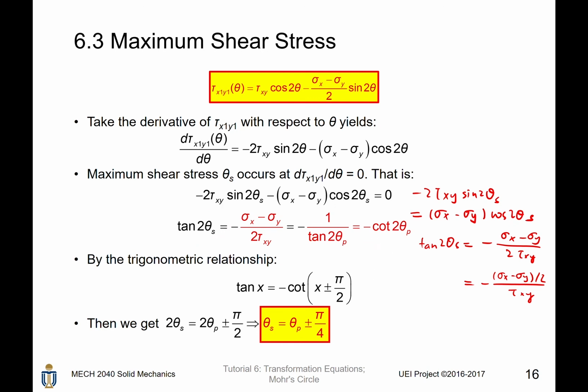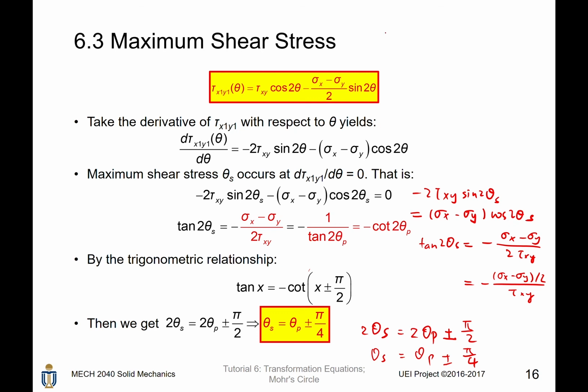By the trigonometric relationship, we know that tangent x equals minus cotangent x plus or minus pi over 2. Therefore, we have 2 theta s equals 2 theta p plus or minus pi over 2. Then theta s equals theta p plus or minus pi over 4. This is the relationship between the angle of inclination where the maximum shear stress occurs and the principal plane angle of inclination.